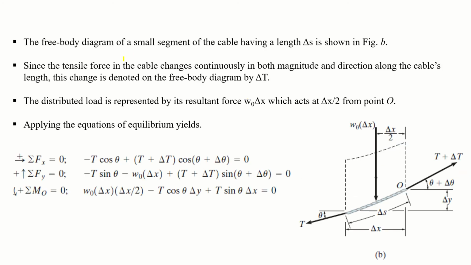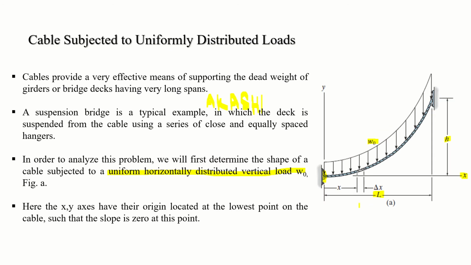The free body diagram of a small segment of the cable having a length del s is shown in figure b. Just consider this segment, the one that I highlighted, with the length of delta x, located at a distance x from this origin.